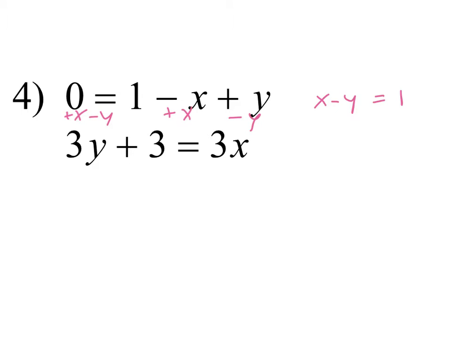And then I need to move our x on the second equation to the other side and move the 3 over to the right. So our second equation becomes negative 3x plus 3y is equal to negative 3. So all I did here is some rearranging. Remember, if you move something to the other side of the equation, the sign changes.